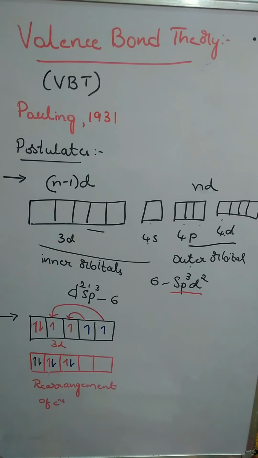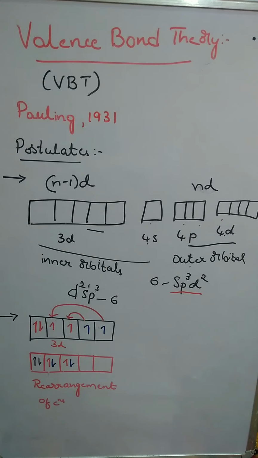Because of the influence of those ligands, the shifting of electrons takes place and the electrons get rearranged in this manner, making the inner d orbitals vacant. The ligands which have the ability to cause a rearrangement in the inner d orbitals are called strong field ligands.